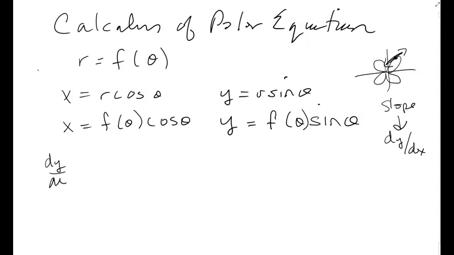dy dx. The problem is I have this secondary parameter, like we learned of parametric equations, called theta. So wouldn't it be true that dy d theta times d theta dx actually equals dy dx? Because you can cancel out the d thetas and you have dy dx.